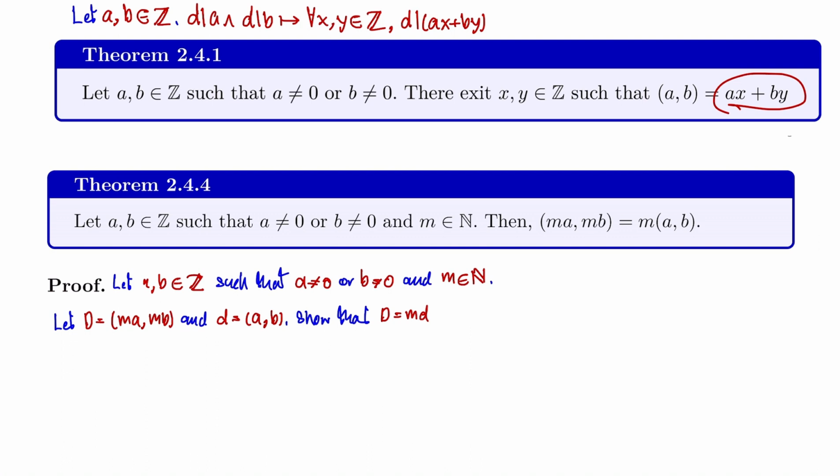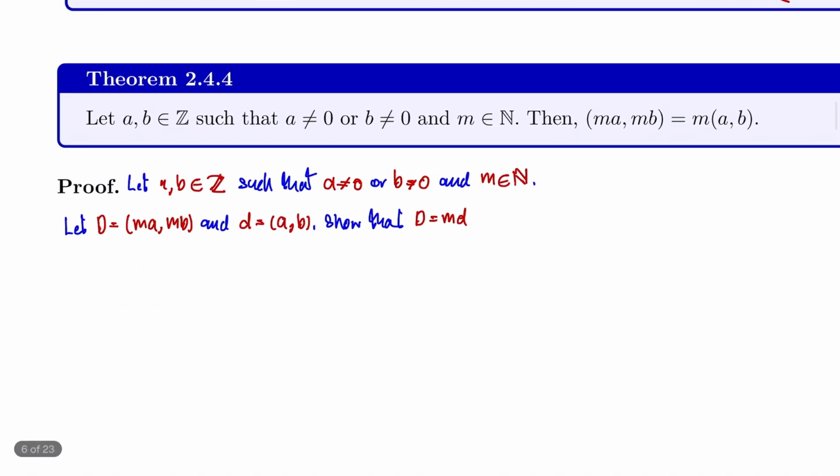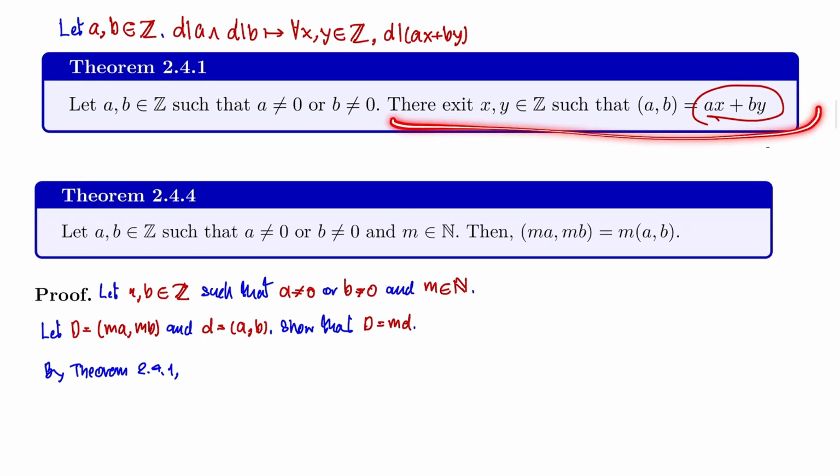So we want to start with this term right here, the greatest common divisor of ma and mb. We have to use Theorem 2.4.1, which is this one right here. Now if you have the greatest common divisor of ma and mb, we can find integers, let's say x and y.